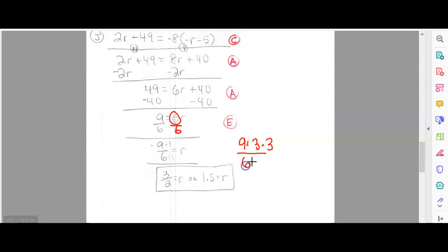And then notice 6 equals 2 times 3. Get rid of what they have in common, and that's going to leave us with our resulting answer over here, which is going to be 3 over 2 equals R. Or if you're a decimal type person, 1.5 equals R.